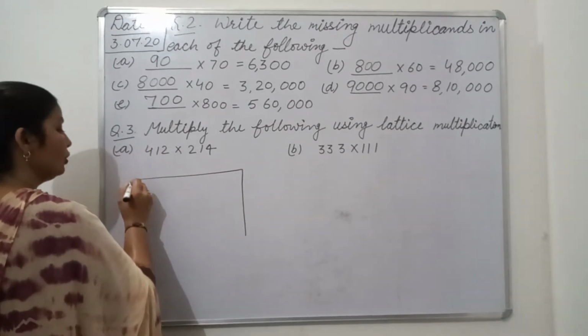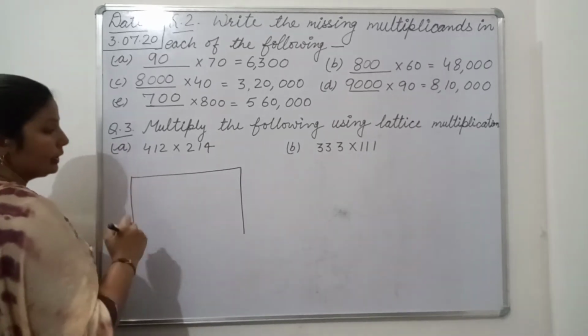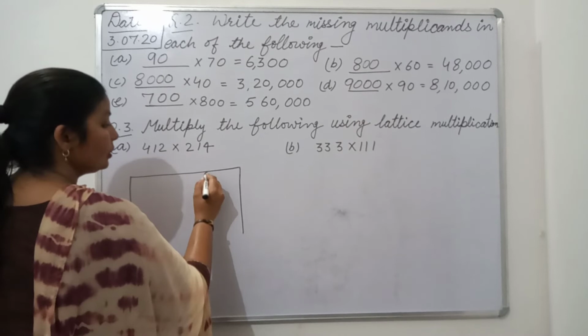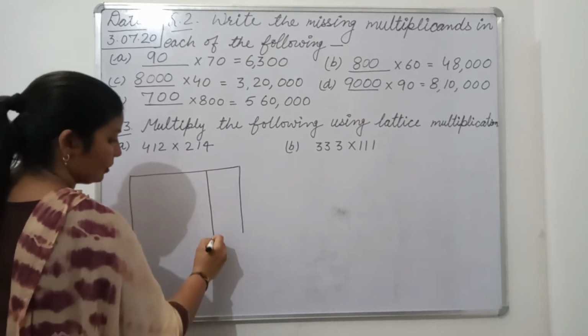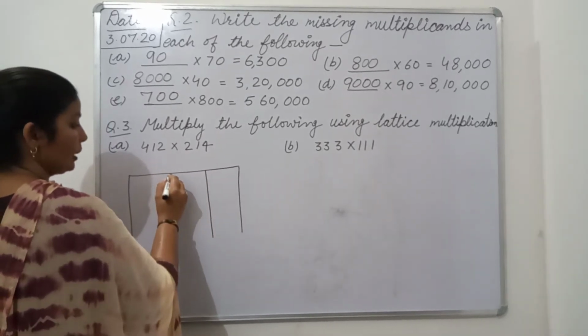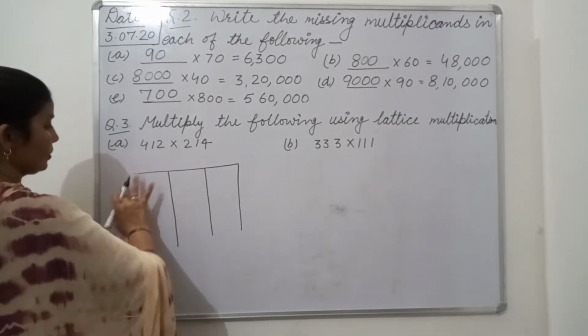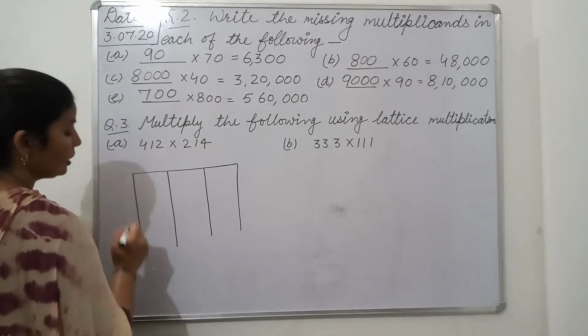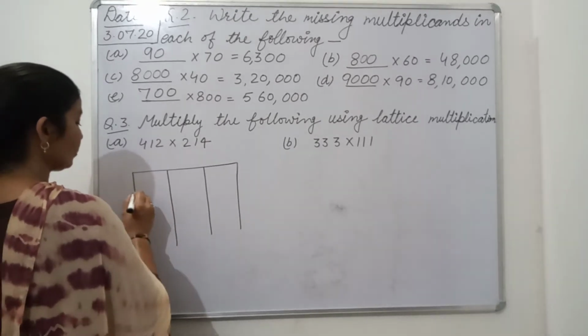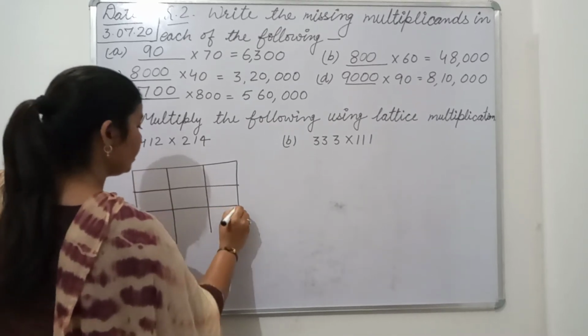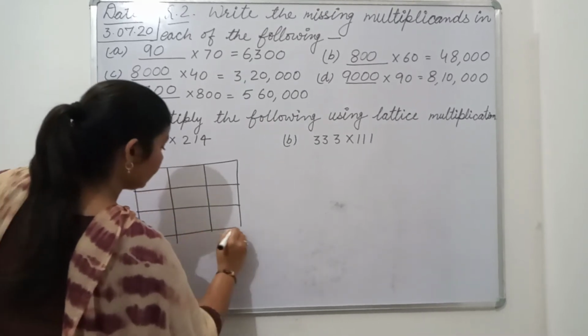3 rows and 3 columns. So first of all we should make 3 columns, and now we should make 3 rows: 1, 2 and 3.